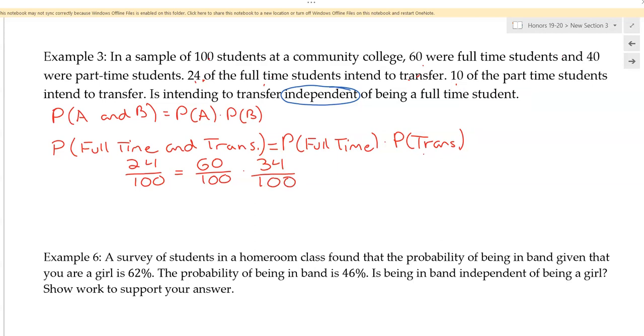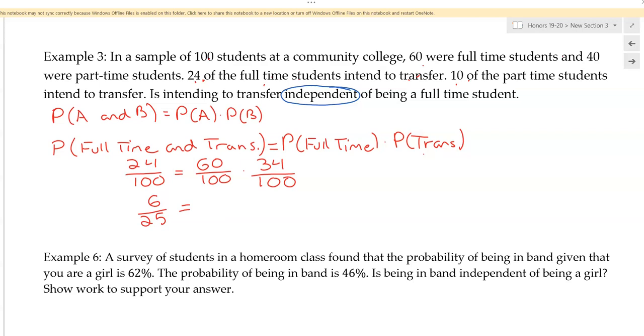Okay. So they can do either of these. Kind of like our totals when you were doing all the or. Sometimes you have to add things up. So 24 out of 100 reduces to 6 out of 25.